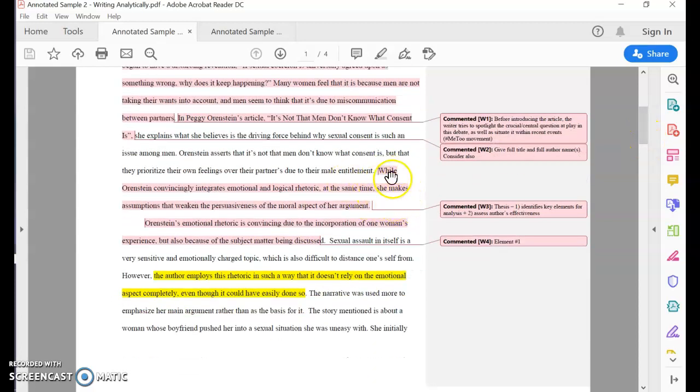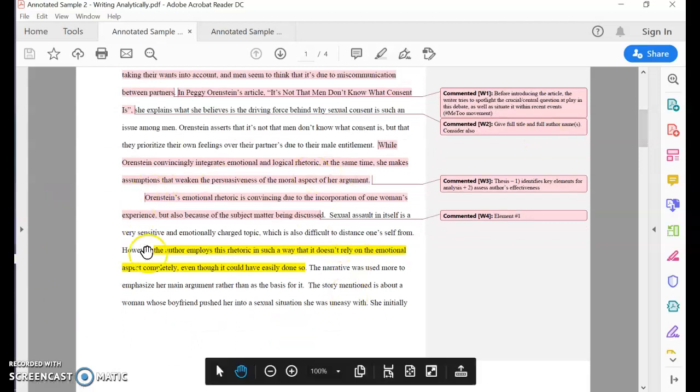Her thesis here is one of those mixed theses. It does these things very effectively, but there's one element that's problematic. I think a handful of you had these mixed thesis statements, so this might be handy to look at if you're in that category.